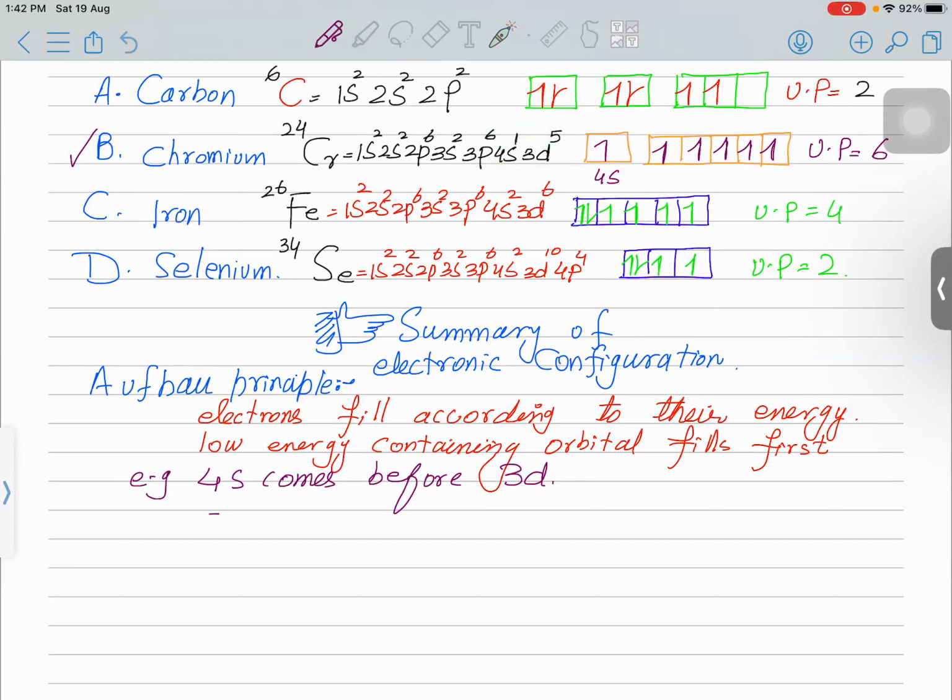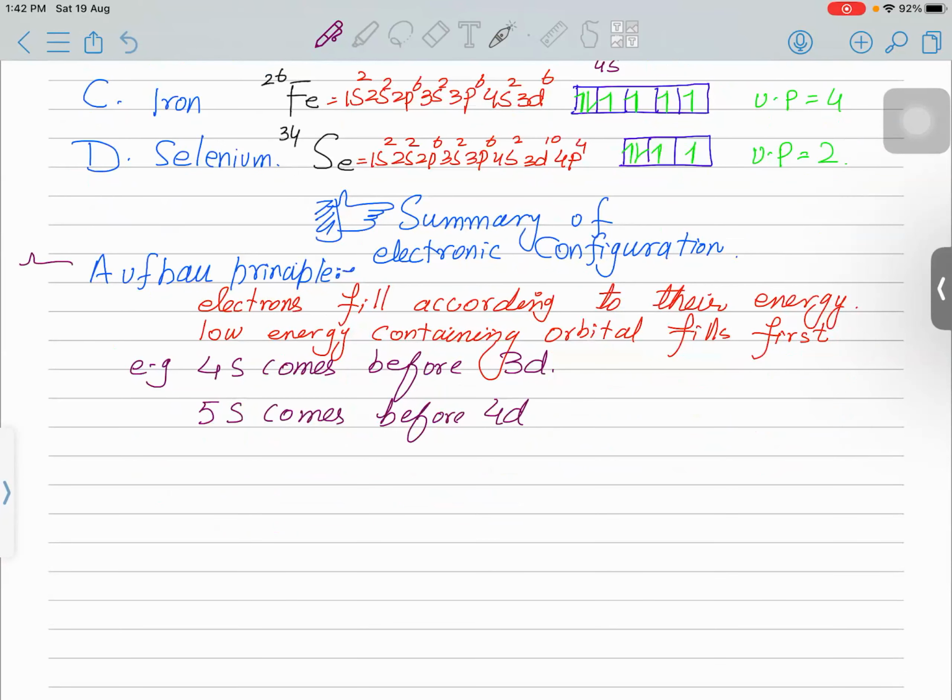We have discussed this in the class. Similarly, 5s comes before 4d because 5s has low energy. This is rule number one. This is the summary.